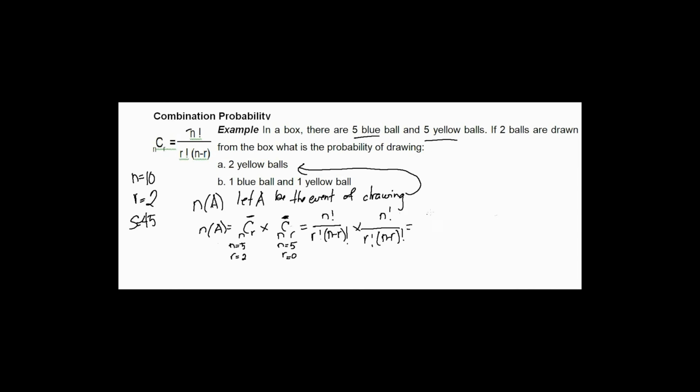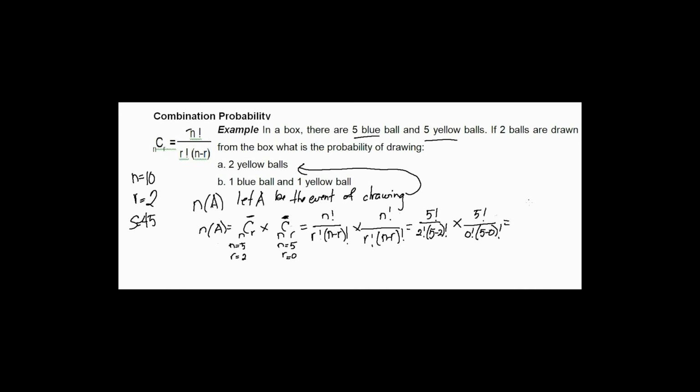N is equal to 5 and r is 2, so 2 factorial times (5 minus 2) factorial, times 5 factorial divided by, since r is 0, 0 factorial times (5 minus 0) factorial.